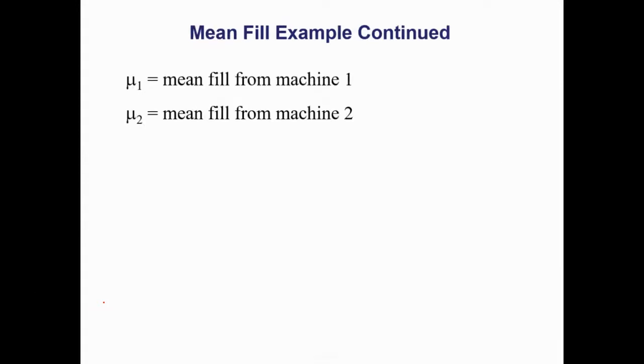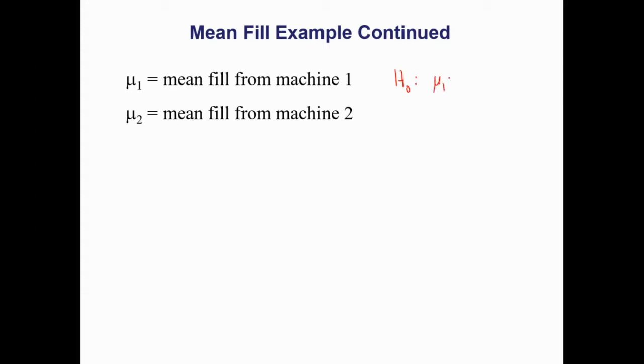Okay, let me go to a screen where I have room to write. So if we let mu1 be the mean fill for machine 1, mu2 is the mean fill for machine 2, then our hypothesis, we said, is for them to be equal.